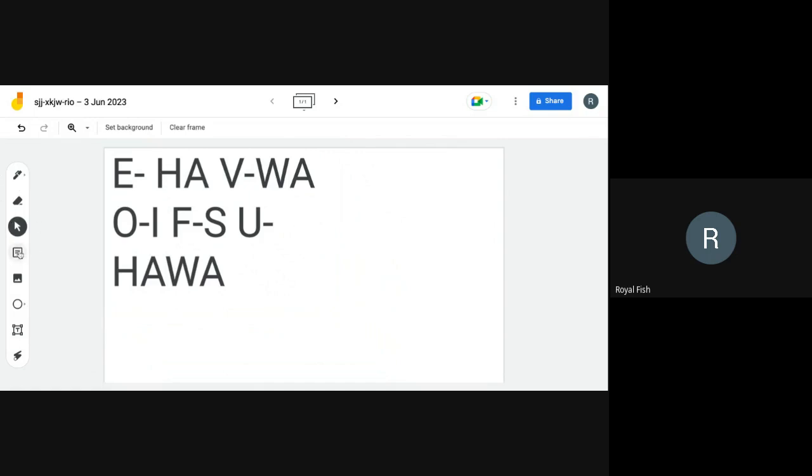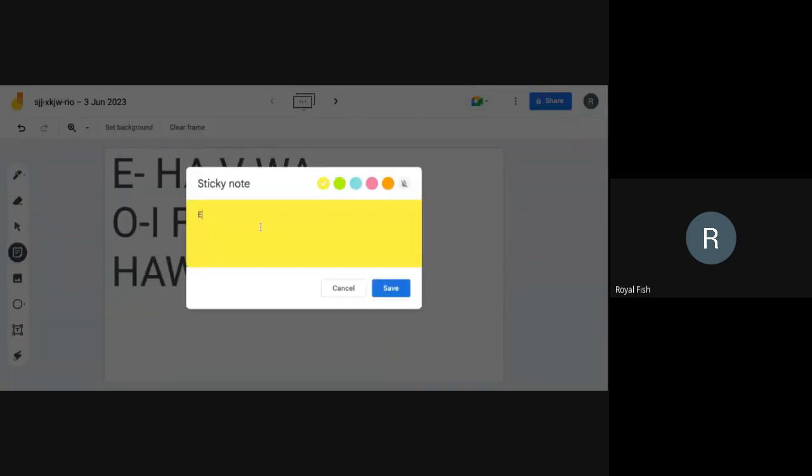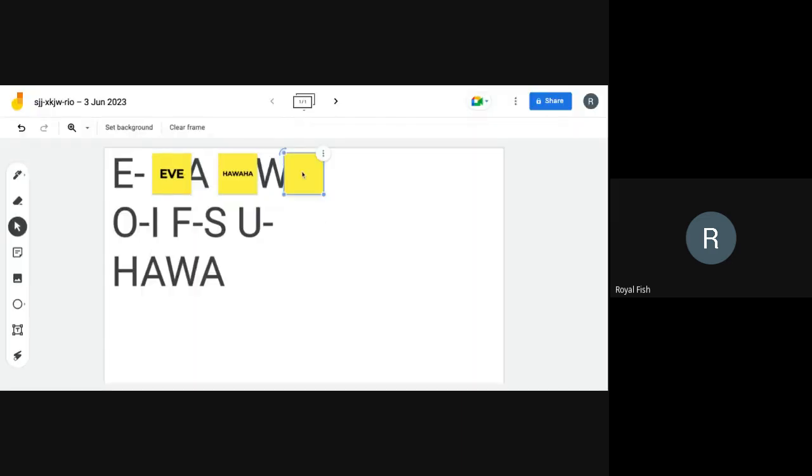So with Eve's name, I'm going to sticky note it. Eve is Hawaha.